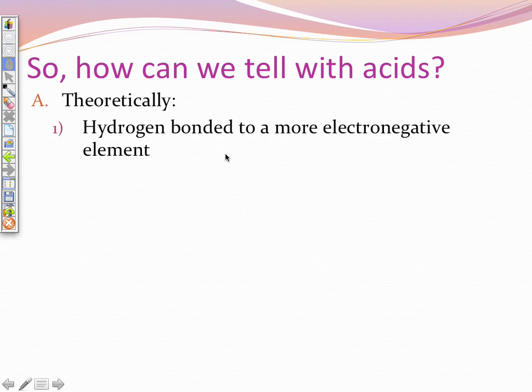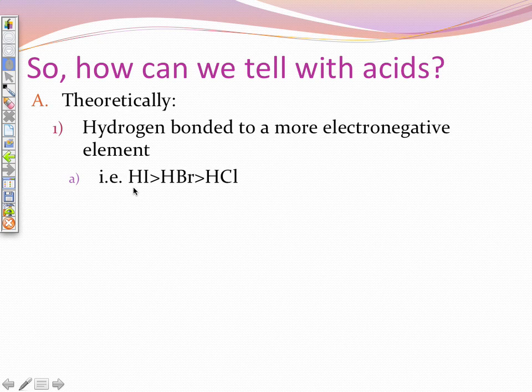So theoretically, we could look at a compound and say, well, this hydrogen is bonded to an electronegative element, and I can use that to determine whether it would be acidic or basic. So if I have hydroiodic acid, HI, I know that iodine is low in the halogen group compared to bromine and chlorine, which means it's going to hold that hydrogen less tightly, so it's going to dissociate more.